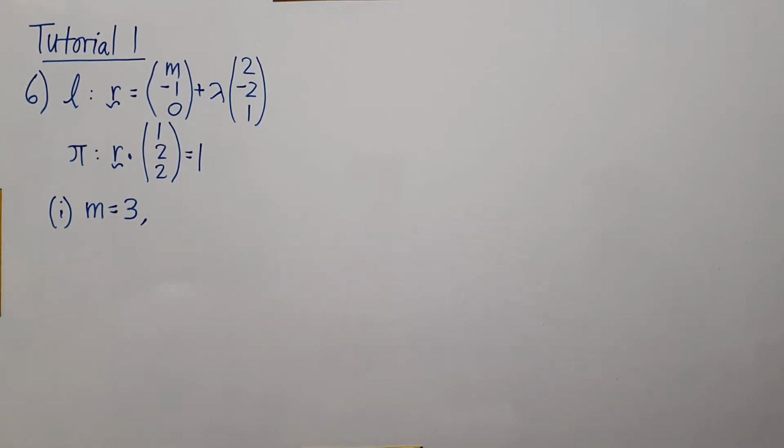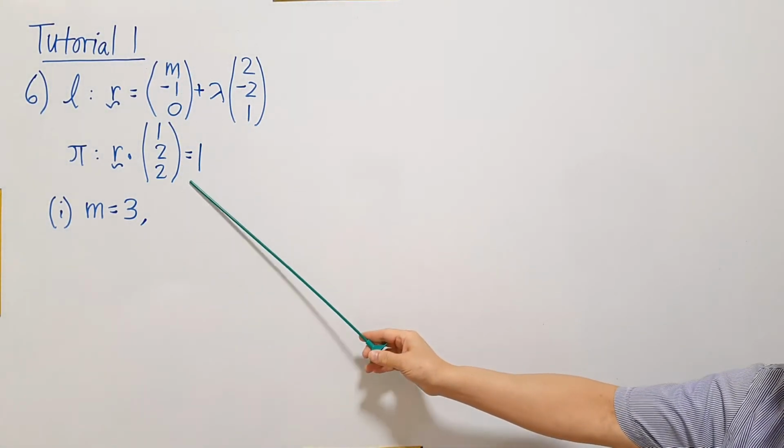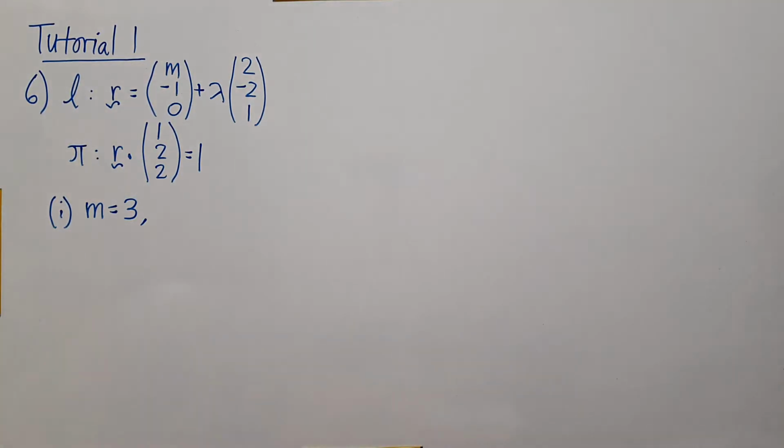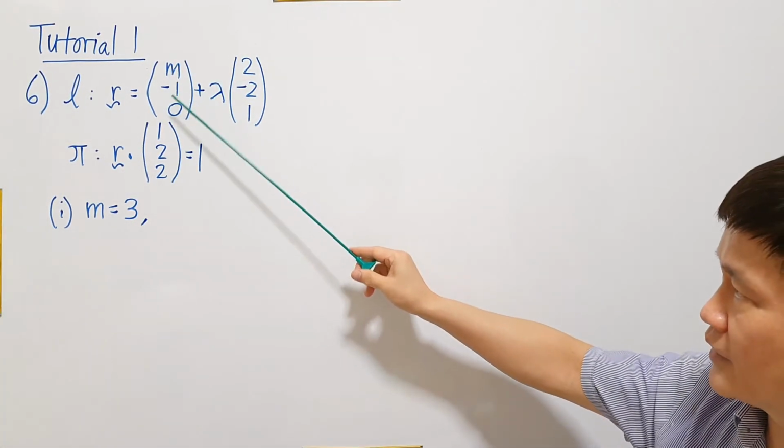Now into question 6 of tutorial 1. In question 6, you are given an equation of a line and an equation of a plane. In part 1 of the question, it says that if m is 3, this point will be known as (3, -1, 0).